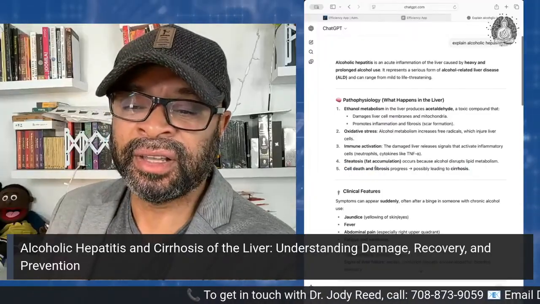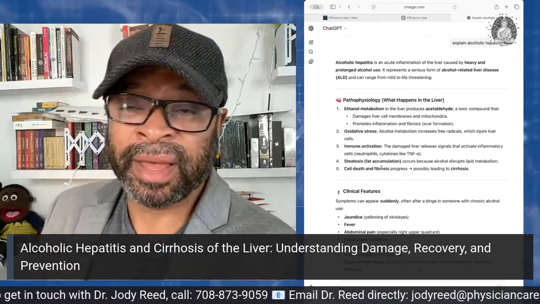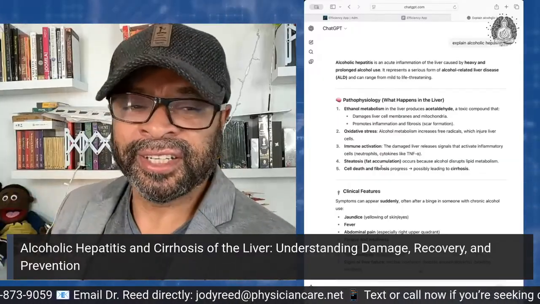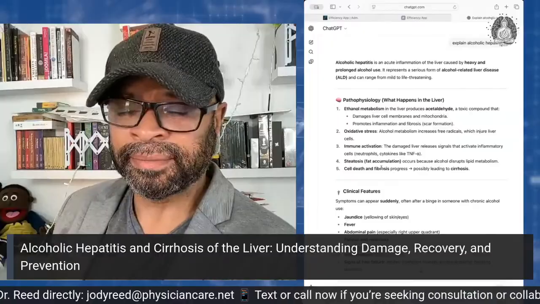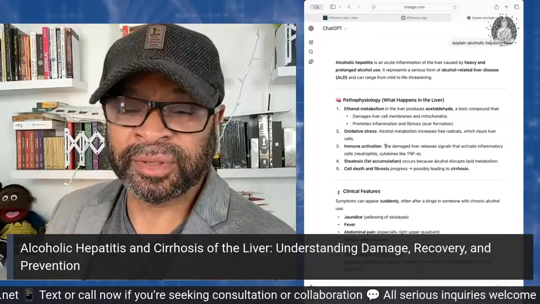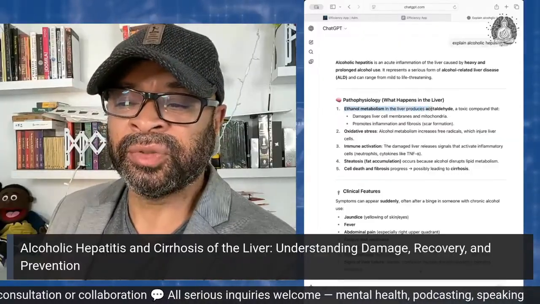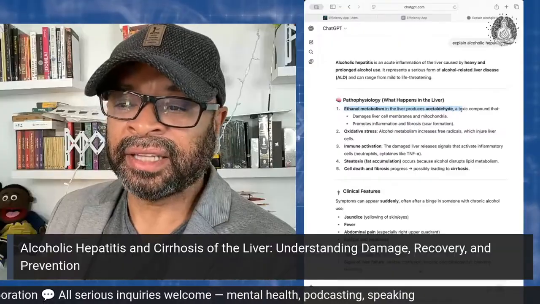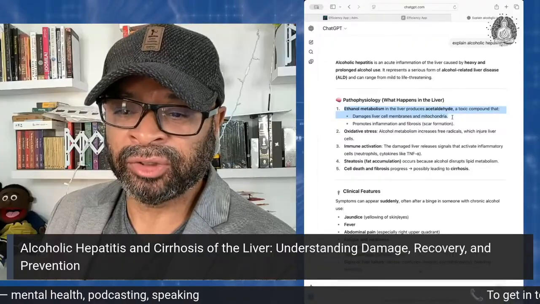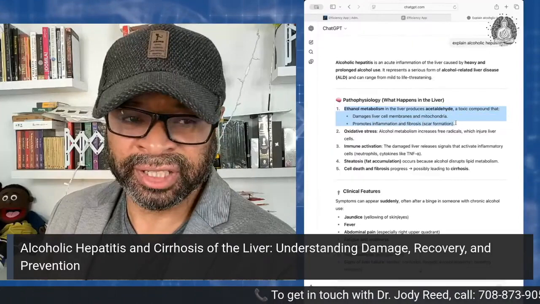So cirrhosis of the liver is the buildup of fibrous tissue. And so that means the liver is typically smaller and less like a sponge because of the buildup of the fibrous tissue. That's why it's cirrhosis of the liver, right? So alcohol metabolism in the liver produces acetaldehyde, a toxic compound that damages liver cell membranes and mitochondria, and it promotes inflammation and fibrosis, which is scar formation.